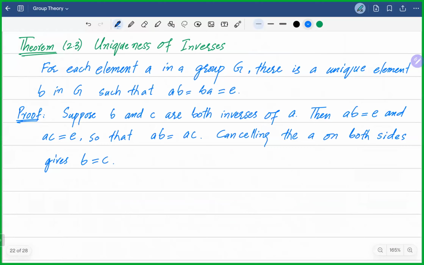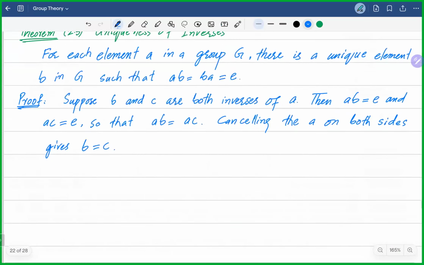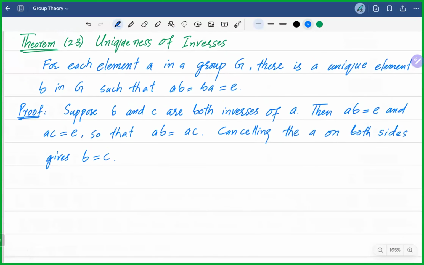Very nice. One last thing. One last thing is we call it the socks-shoes property.